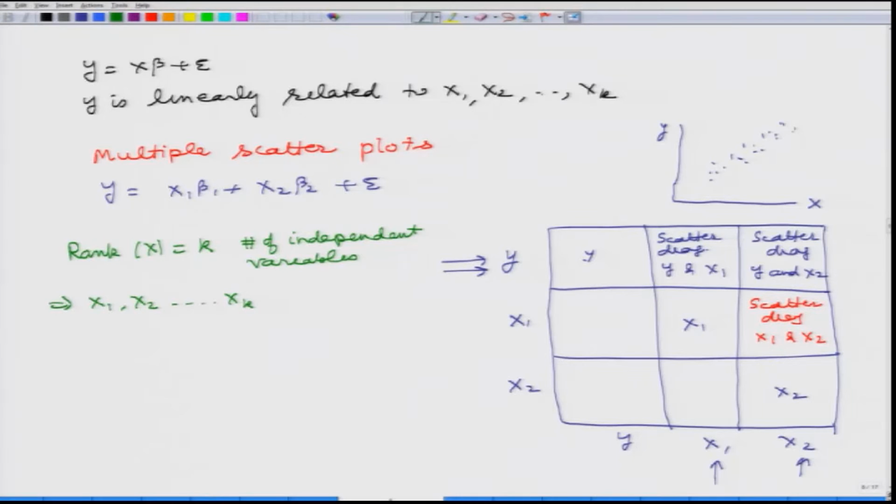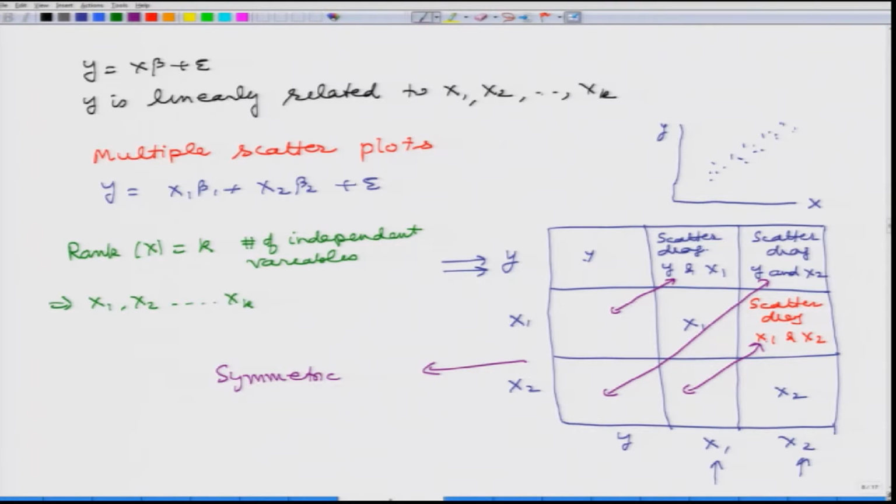And this multiple scatter diagram is a symmetric diagram, symmetric in the sense that whatever picture is here, the same picture will be here, and the same picture will be here, and here.